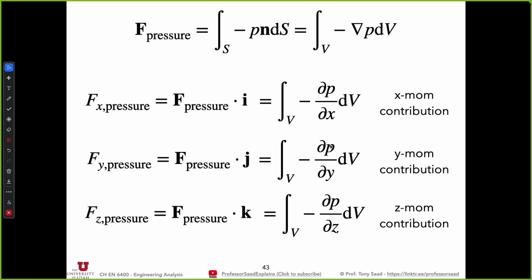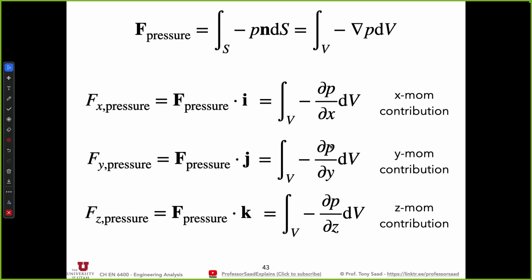Now notice what matters here in that pressure force from the volumetric form. What matters is not the values of the pressure on either side of the surfaces. What matters is just the gradient across the volume.